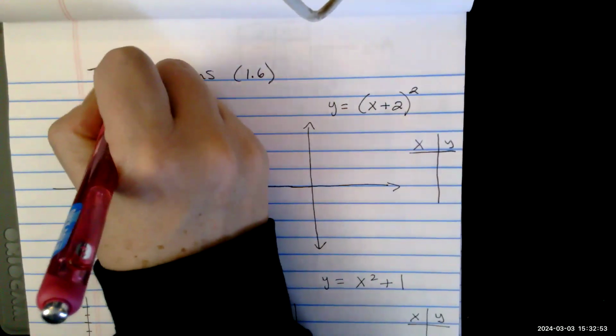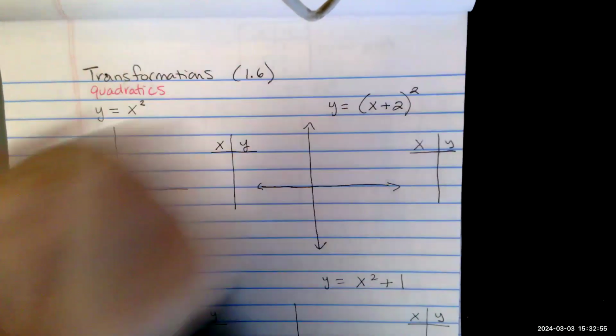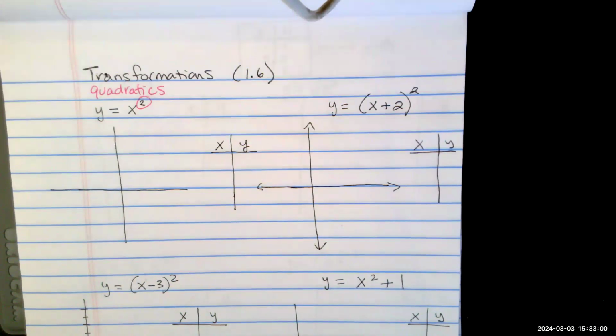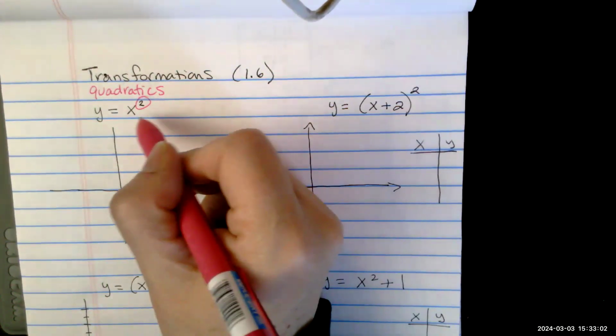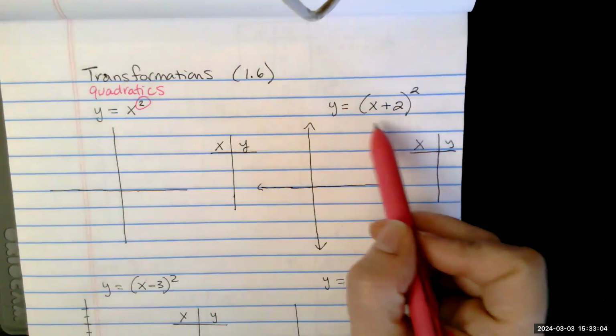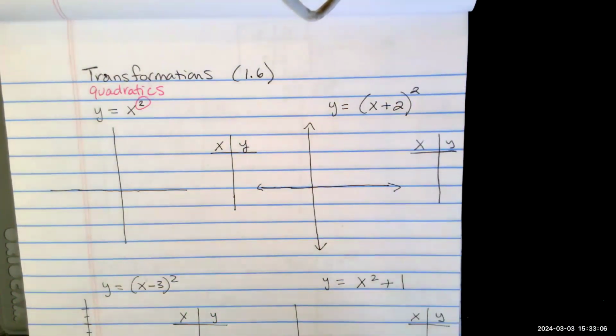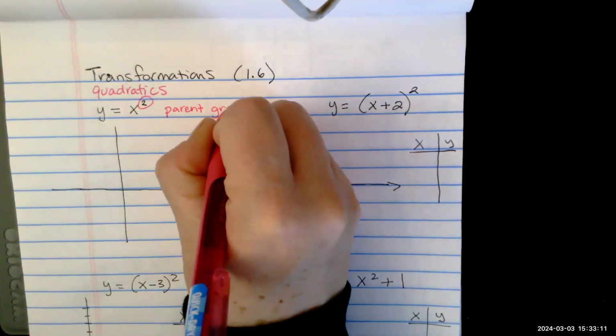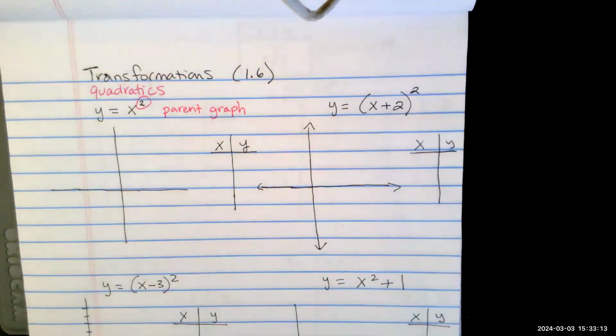So from now on, you're going to hear a lot about quadratics. Anytime you hear something about a quadratic, it's something with an x squared. And this is the most basic quadratic you could have, meaning there's nothing being added or subtracted or multiplied. So the most basic type of each graph is called the parent graph. So we need to know what that looks like, and then we can use all these transformation rules.